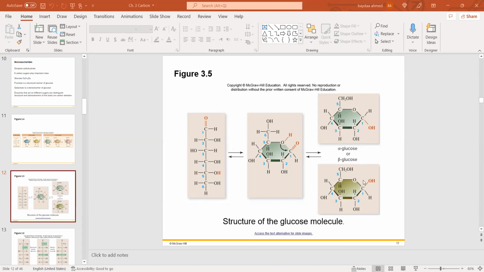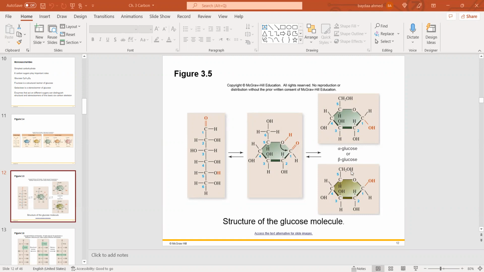They differ in the spatial arrangement of the hydroxyl group. So these differences often account for substantial functional differences between the isomers.